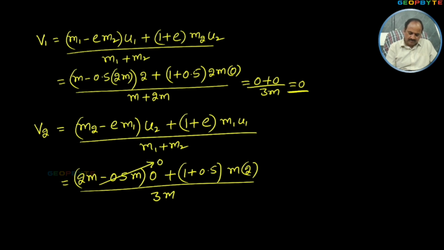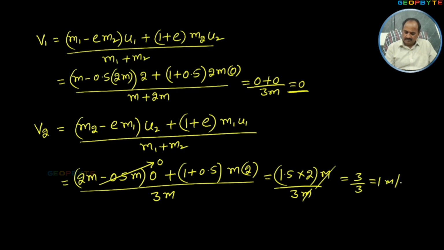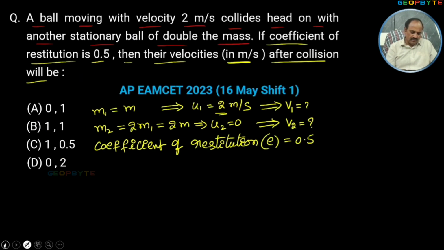The first part is becoming 0 because anything multiplied with 0 is 0. 1.5 into 2m by 3m, m cancels. It is equal to 3 by 3, equal to 1 meter per second. That means velocity after colliding, the first particle is v1, that is 0, and the second particle is 1 meter per second. 0, comma 1. Look at option A. Option A itself is absolutely correct.